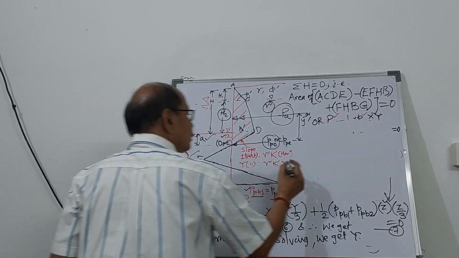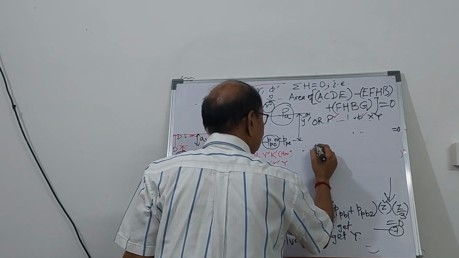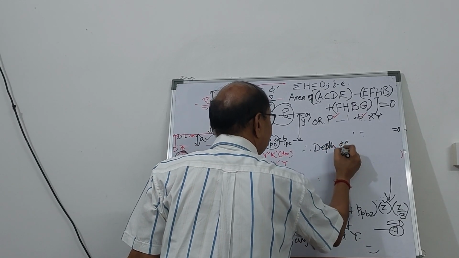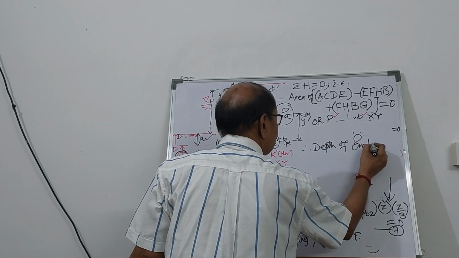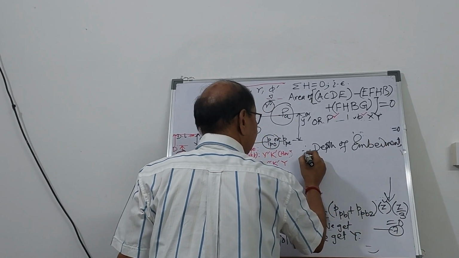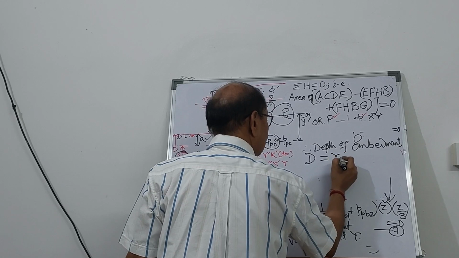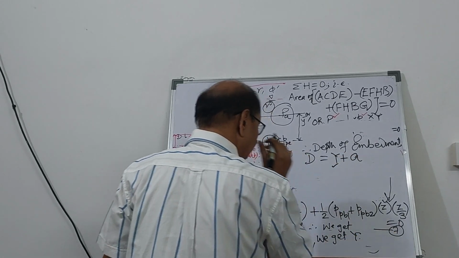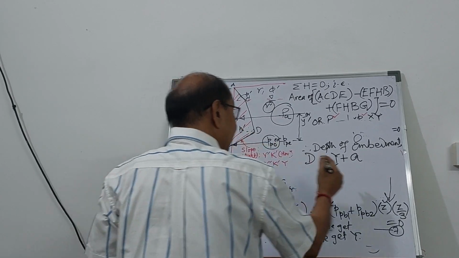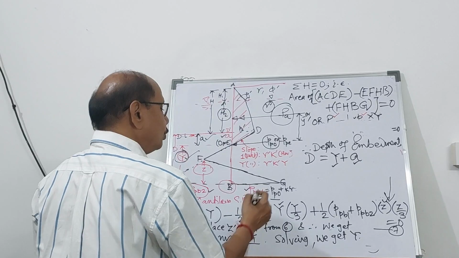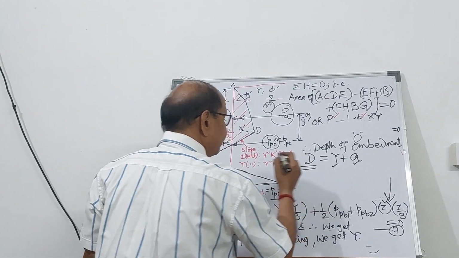What is unknown? Depth of embedment D equal to Y plus A. Y you have found out from expression 7. A is already known to you, and therefore you know the depth of embedment.